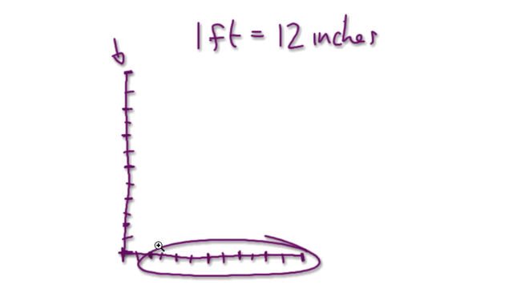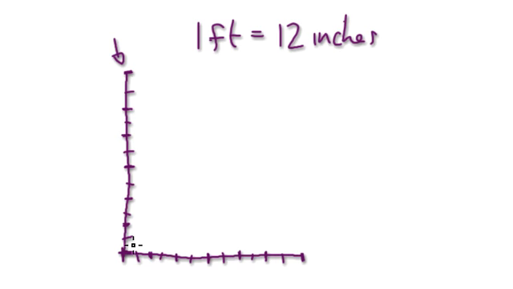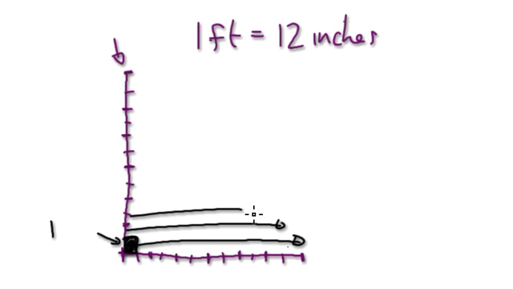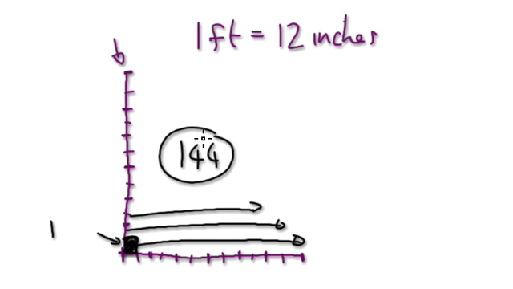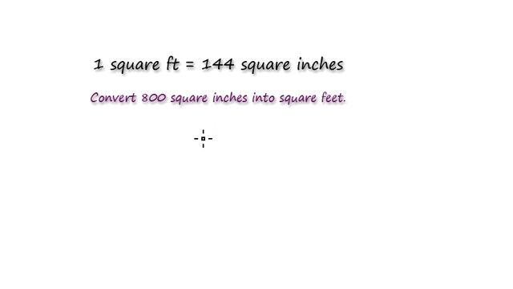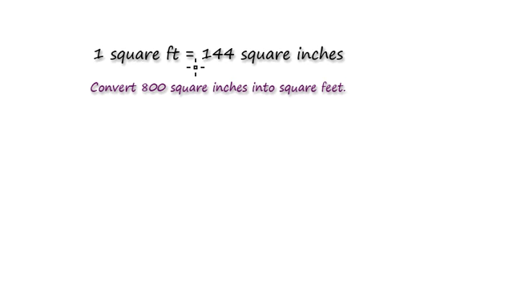But the thing is, this small square here is 1 square inch. So you're going to need 12 along here. You're going to need another 12 here, and then another 12 here. So it all totals up to 144. That's why one square foot equals 144 square inches.